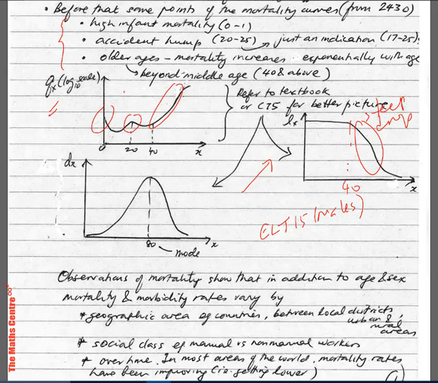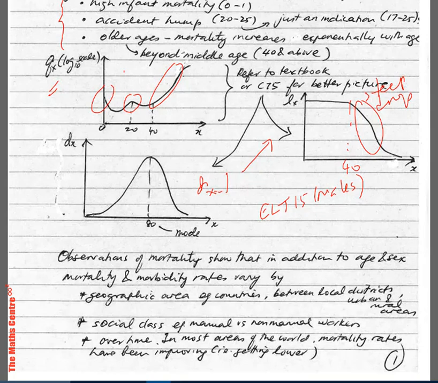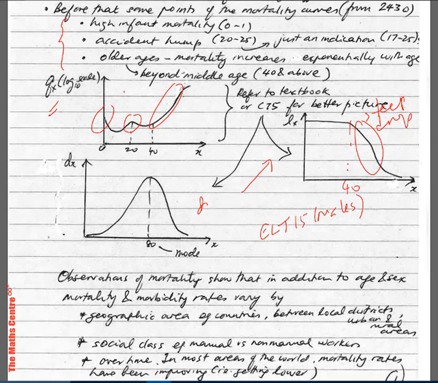And then we have this curve dx against x, where we know that dx is lx qx. Now this curve here, we can see that the mode, the highest number of deaths, occurs at the age 80.